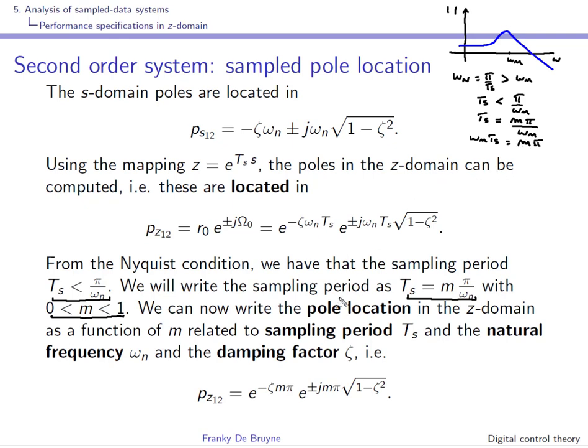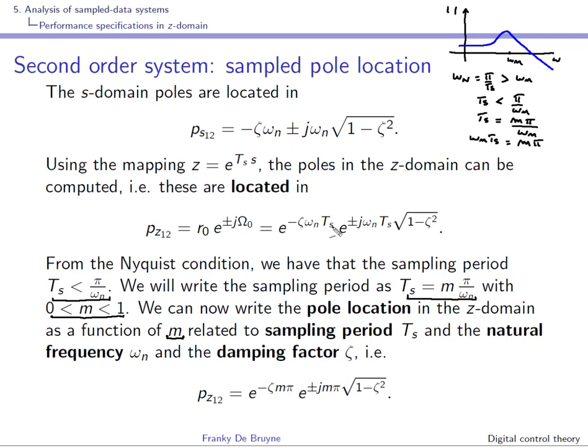Okay, so what you can then do is rewrite these pole locations in the Z domain as a function of m, and as you can see, m is of course related to the sampling period, the natural frequency and the damping factor.